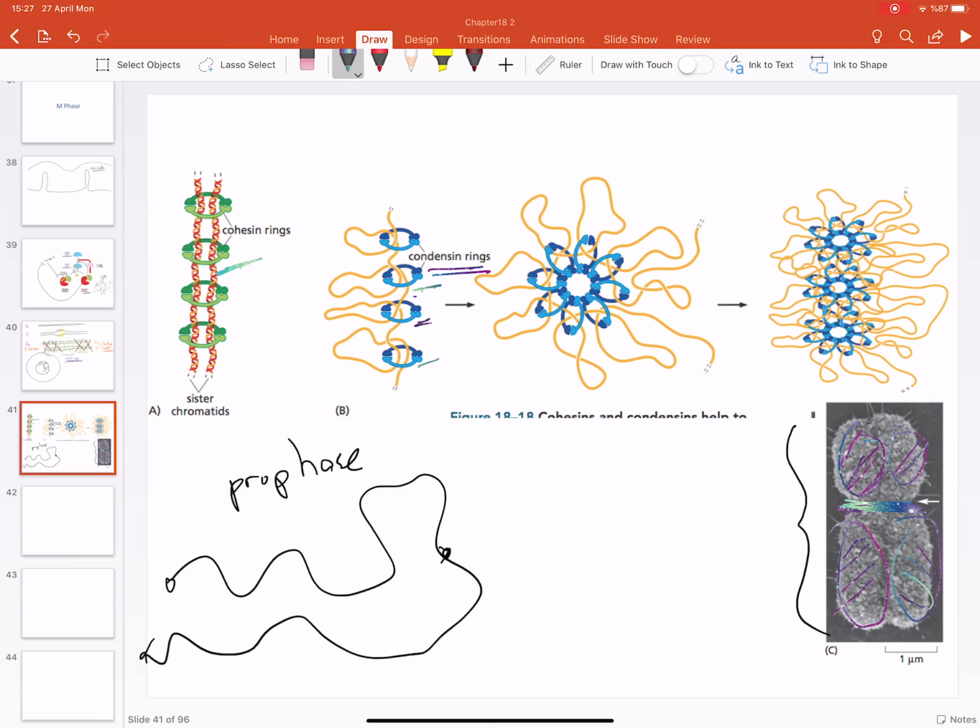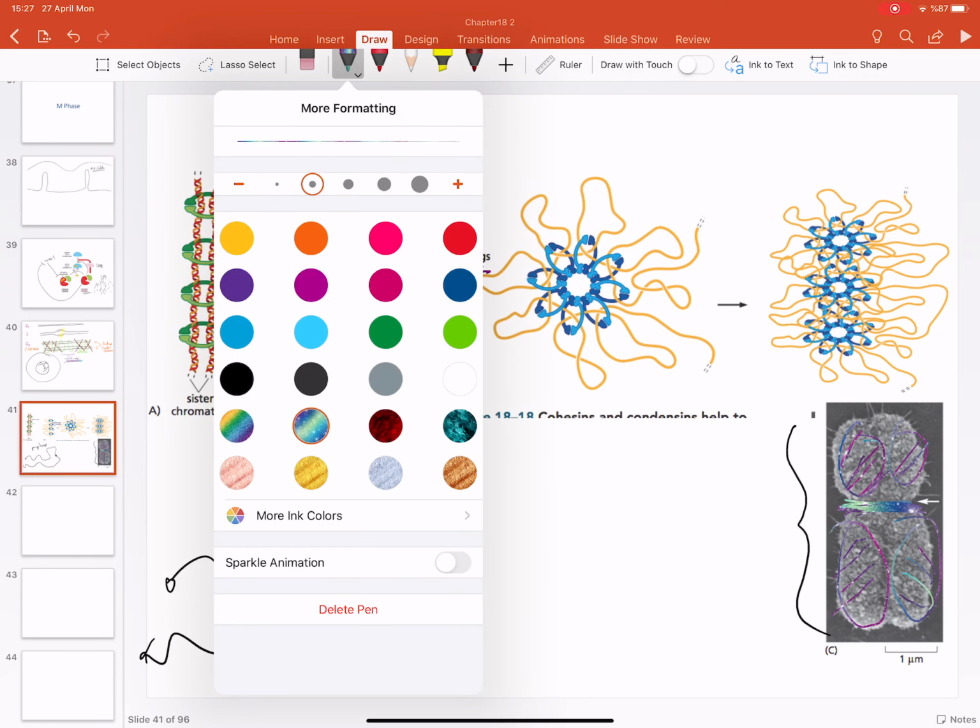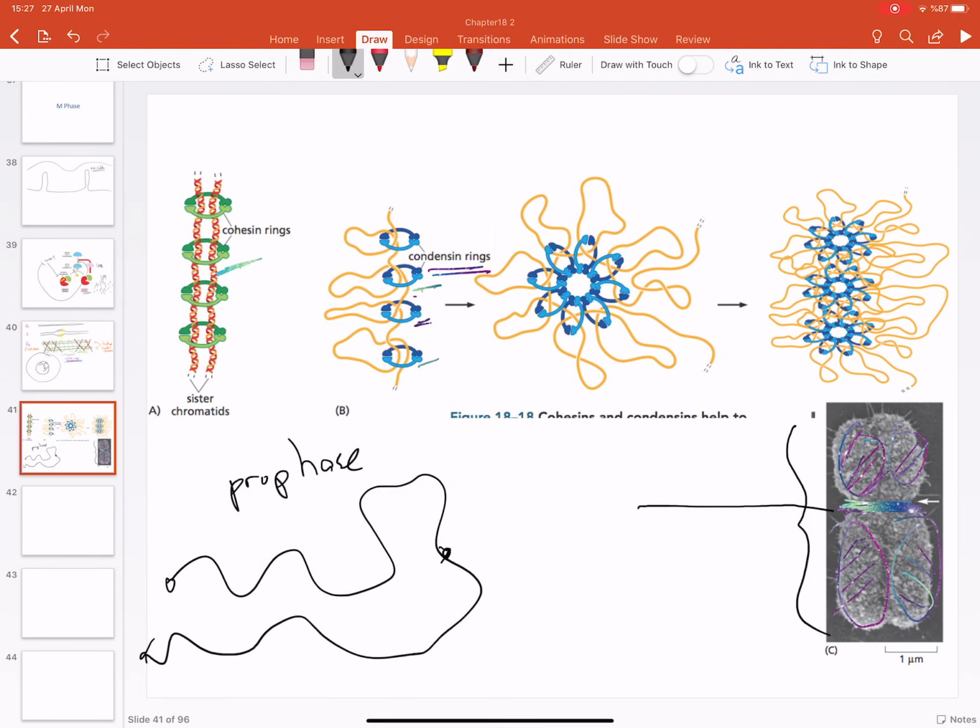They are going to be separated at the end of metaphase, and this is also under control of APC, but I'm going to come back to this later. Just keep in mind this cohesin and condensin story.